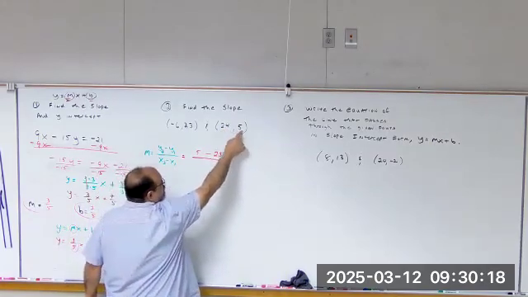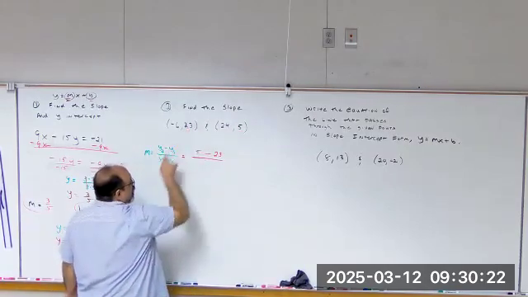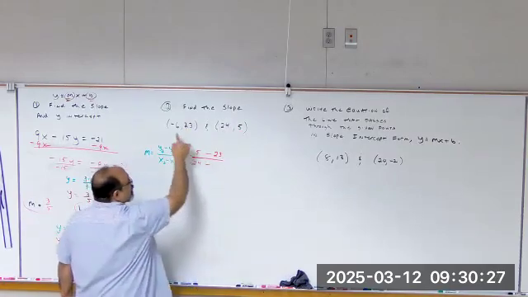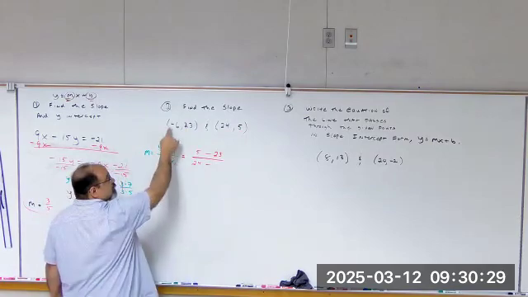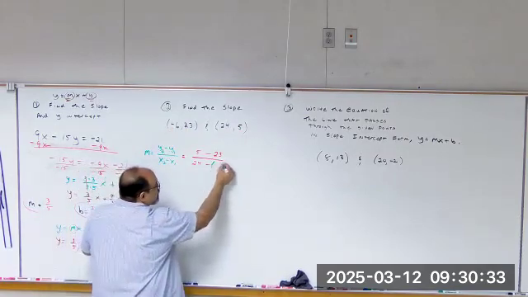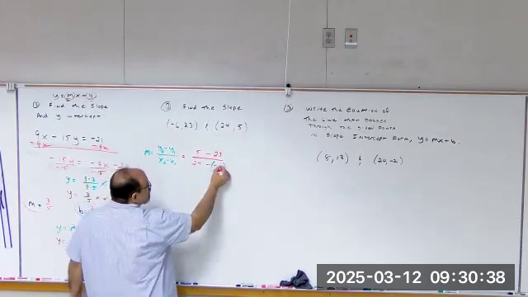This y sub 2 minus that y sub 1, that second y minus this first y, all over that second x, 24, minus, now it's a built-in negative, I'm going to subtract negative 6. So when I subtract the negative, putting it in parentheses is kind of important.